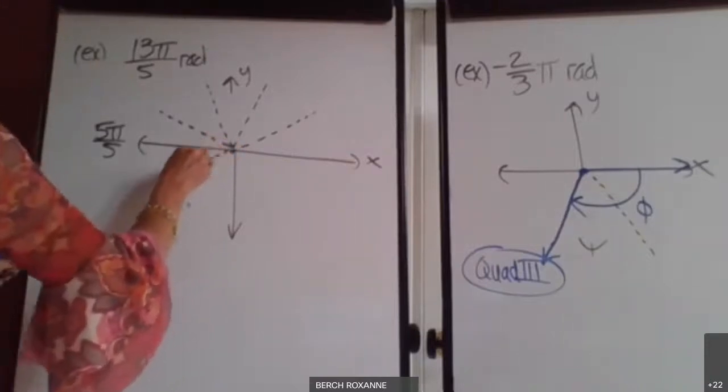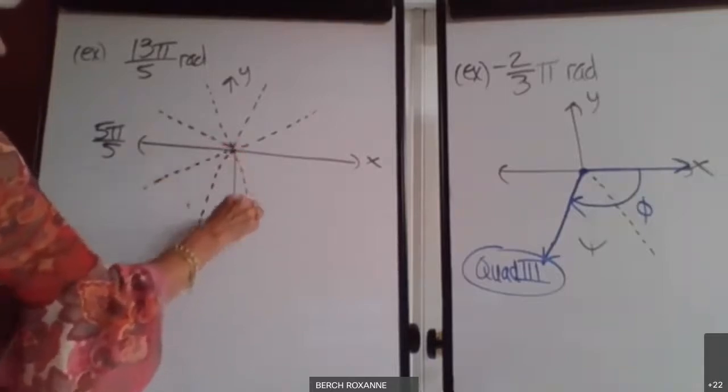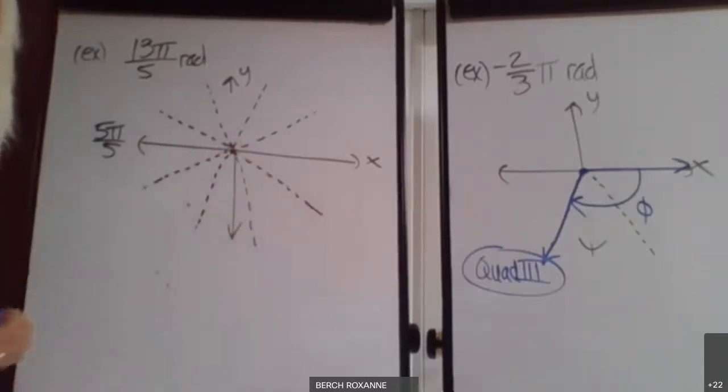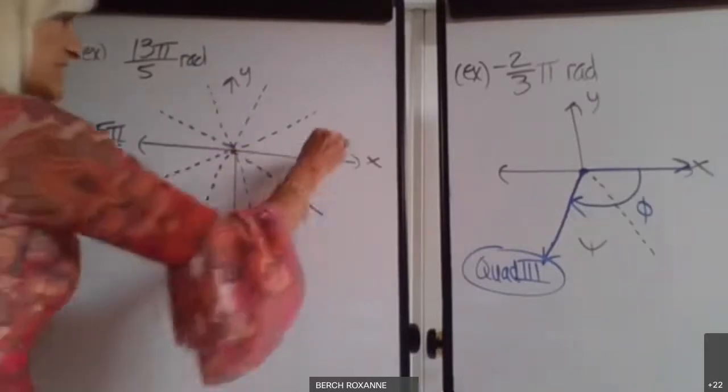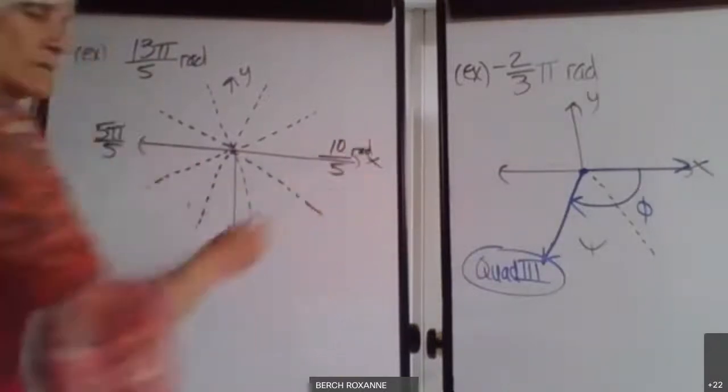Yes. So this would be 1, 2, 3, 4, 5. So do you guys believe that this is 10 pi over 5 radians? Yeah, because 5 and 5 makes 10.